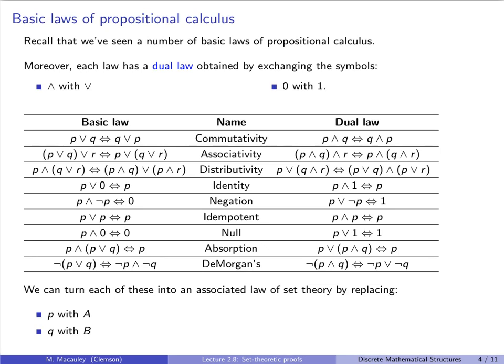The reason why I reviewed this is because we can turn each of these laws into an associated or corresponding law of set theory by replacing each P with a set A, each Q with B, each and symbol with intersection, each or with a union, each 0 with the empty set, each 1 with the universe, and finally each negation with a complement, and each equivalence with equals.